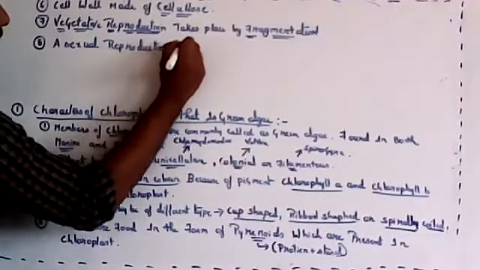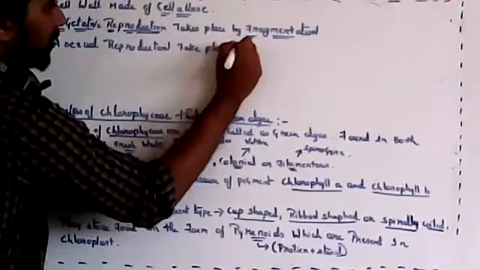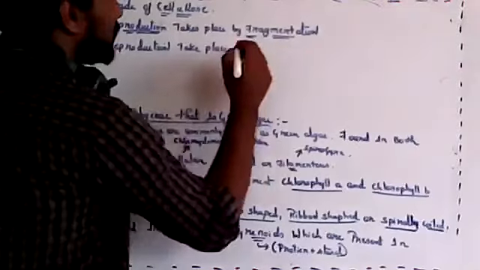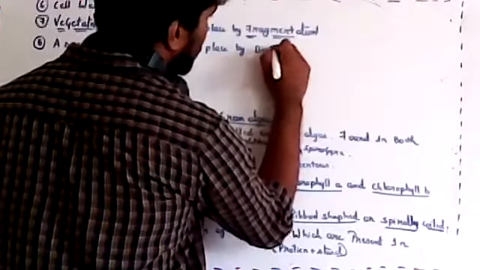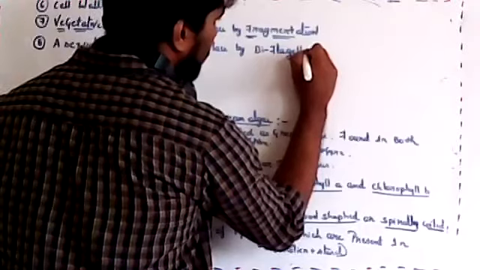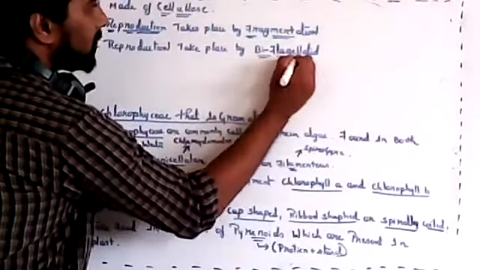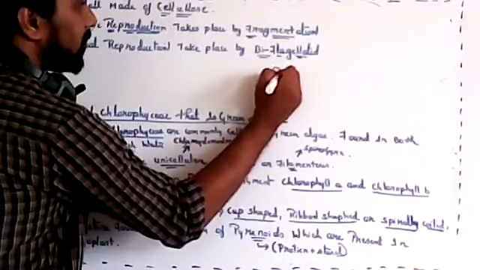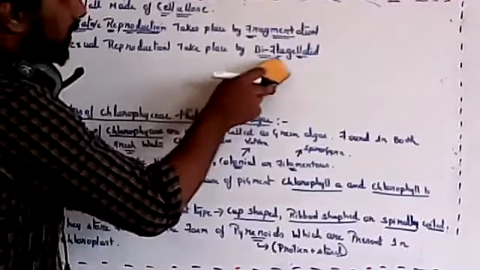Asexual reproduction will take place by biflagellated, meaning two flagella will be there. In the case of Chlamydomonas there are two flagella, so that is called biflagellated.